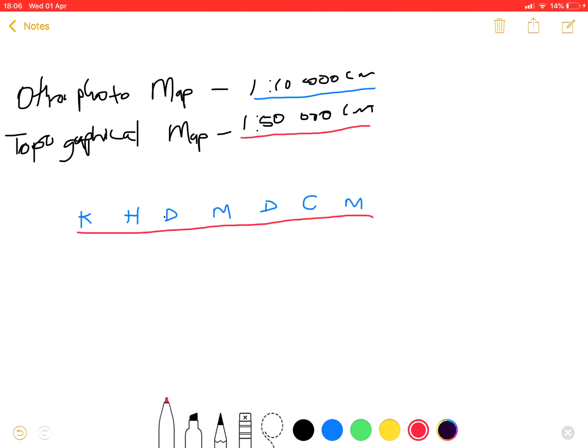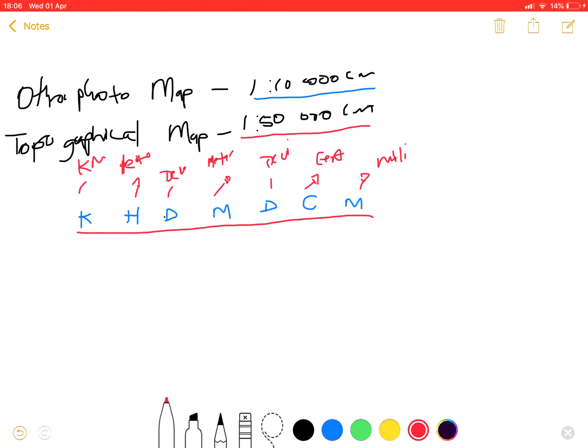So meaning that we have our centimeters, and then here we have millimeters, and then here we have our deci, and then here we have a meter, and then here we have a deca, and then here we have a hectare, and then we have our kilometer here.